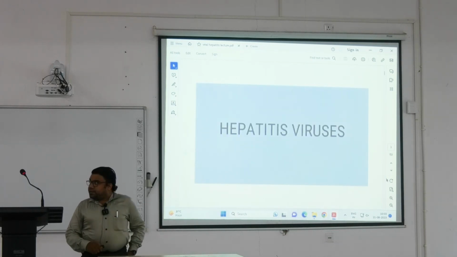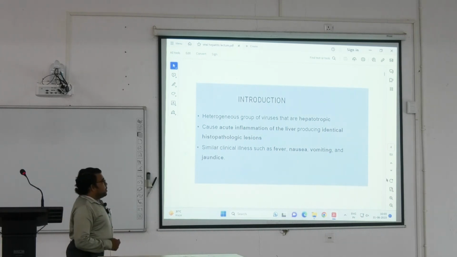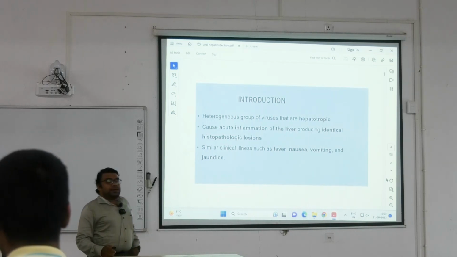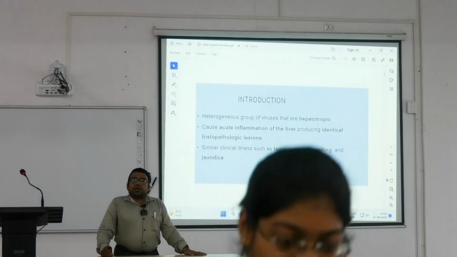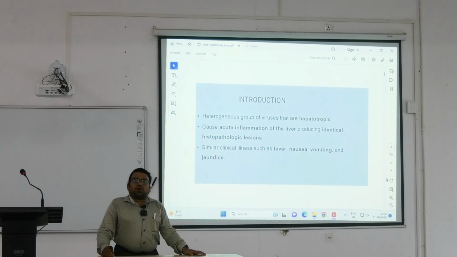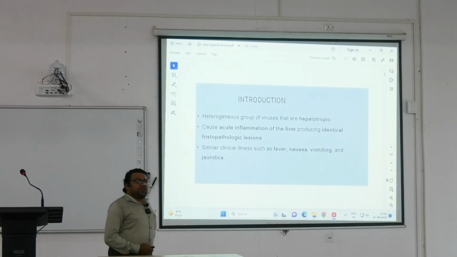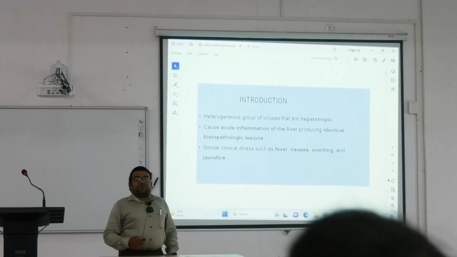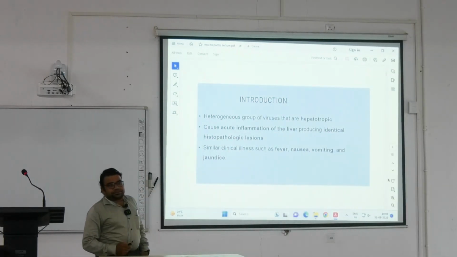Now, what are the hepatitis group of viruses? These group of viruses are hepatotropic. They produce acute inflammation of the liver and have identical histopathological findings. That means the way they cause inflammation is more or less similar. Hence, they are grouped into this group. Furthermore, any inflammation of the liver will manifest in particular clinical manifestations, including fever, nausea, vomiting, and jaundice.